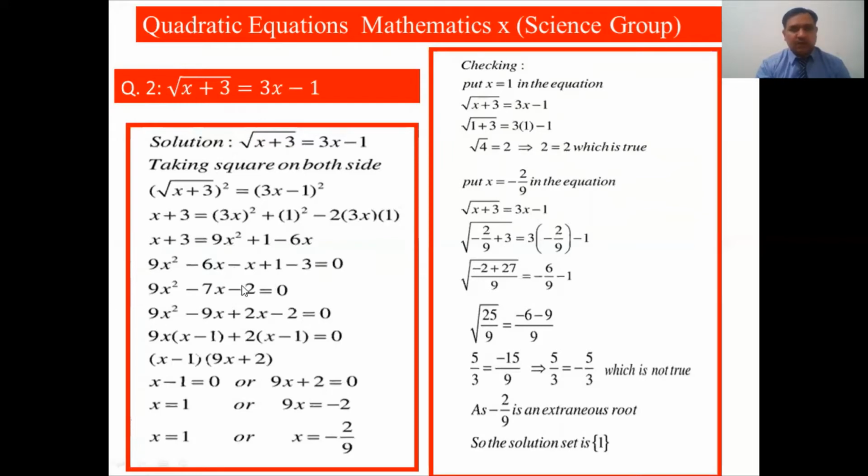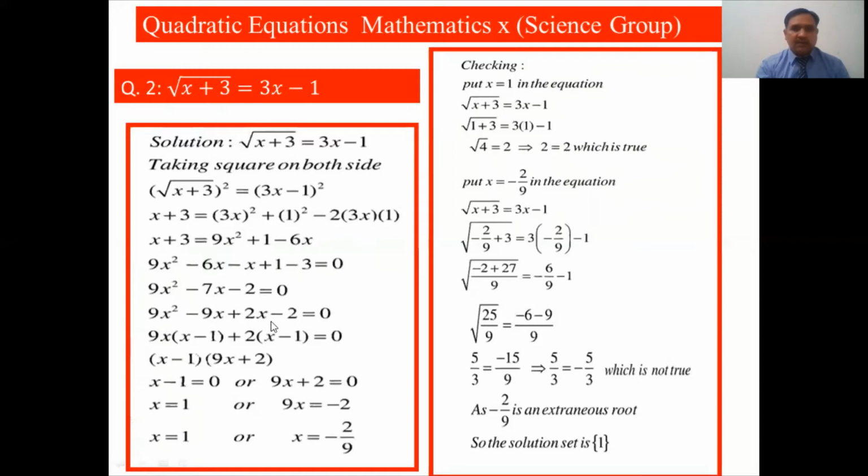So 9 2s are 18, and this is minus, so this will be minus 18x square, and we have to find two factors. When we multiply, we get minus 18x square, and when we add those terms, we have minus 7x. So these are two factors, minus 9x plus 2x.